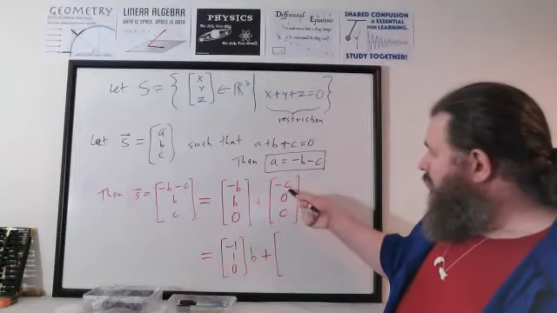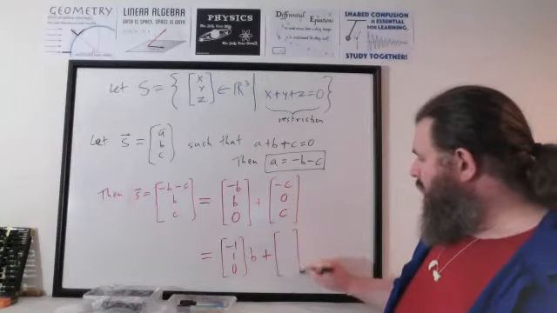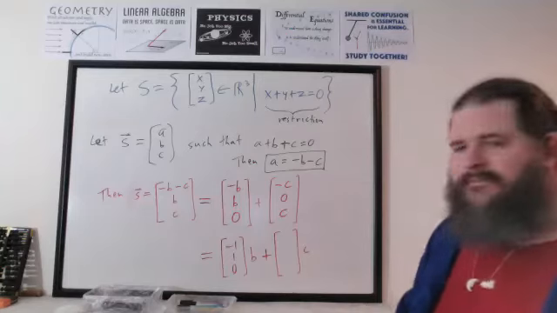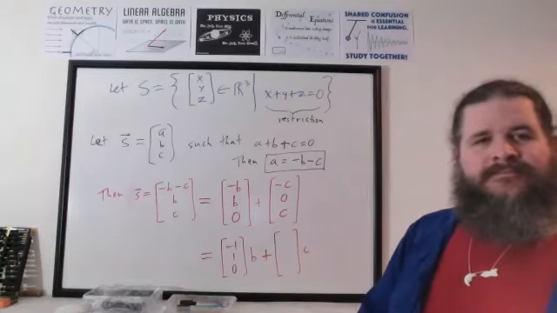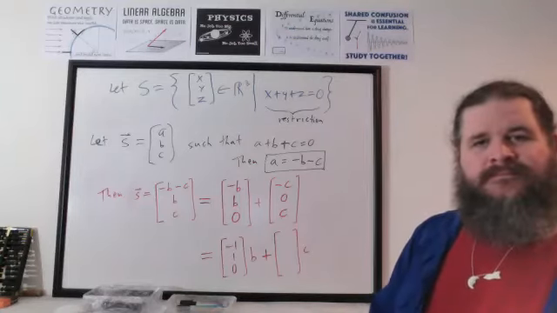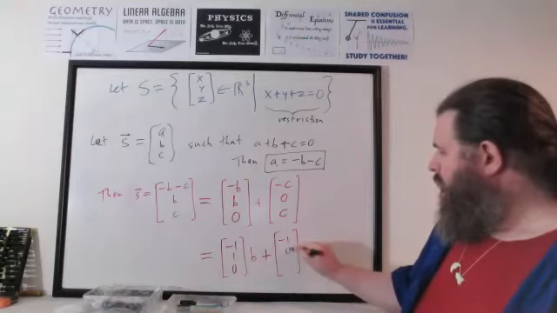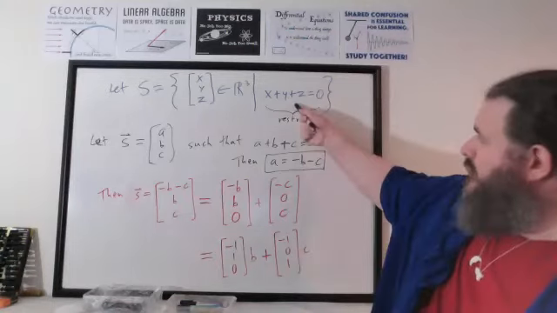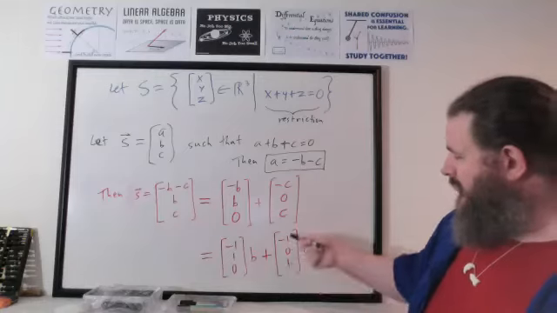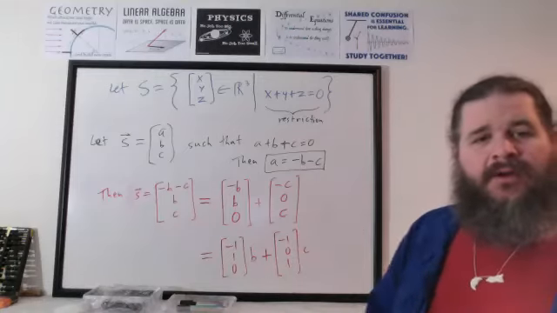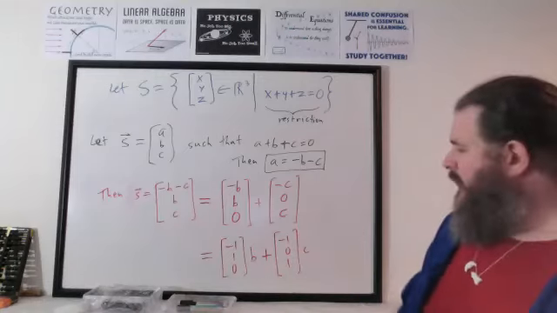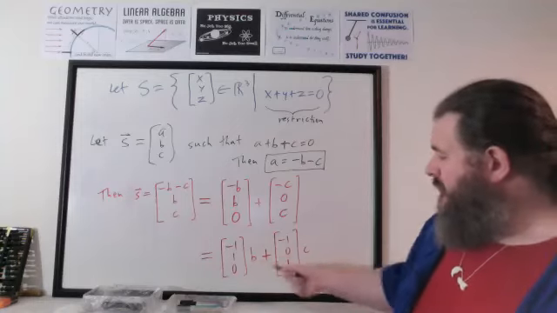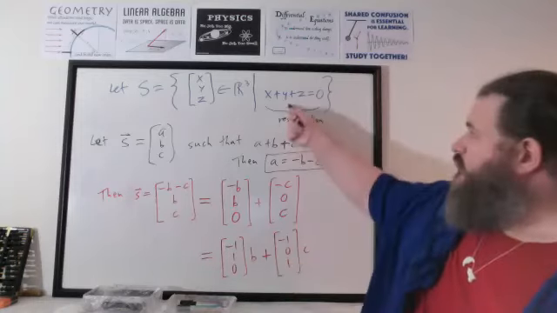And if we factor out C from this vector, what do we get? Negative 1, 0, 1. Right, which also fits this restriction. X plus y plus z, negative 1 plus 0 plus 1 is 0. So we ended up finding a couple of specific numerical vectors that make this true.